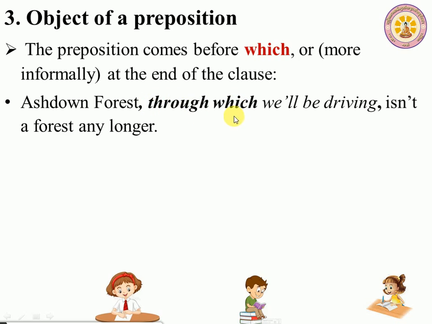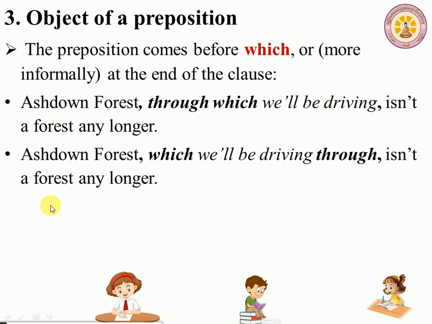Through which we will be driving is the non-defining relative clause because the forest is already understood. One more: we can also say the forest, which we will be driving through, isn't a forest any longer. We can place the preposition at the end of the relative clause.